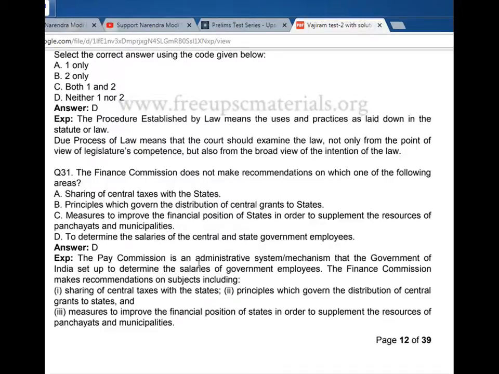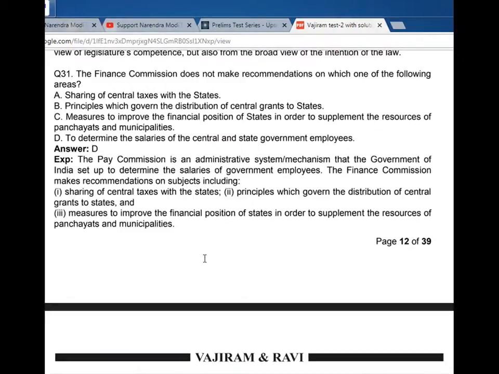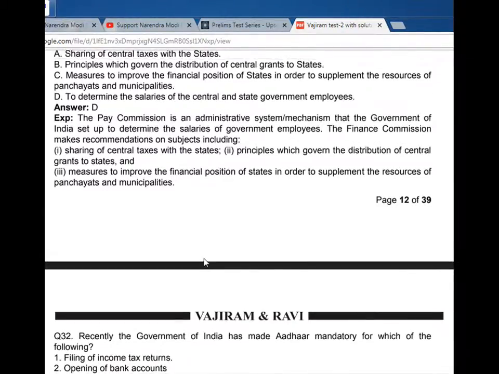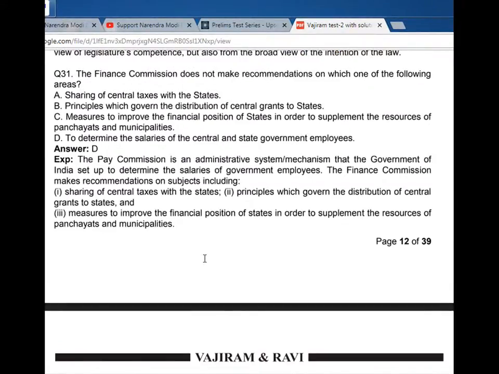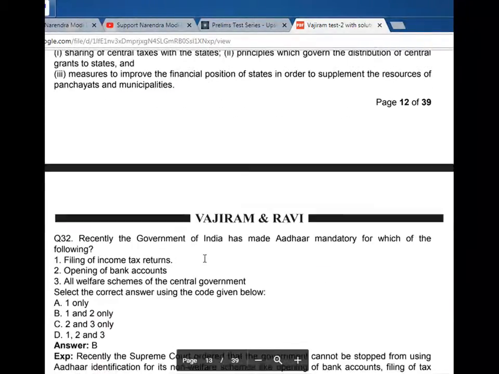The Pay Commission is an administrative mechanism that the Government of India sets up to determine the salaries of government employees.